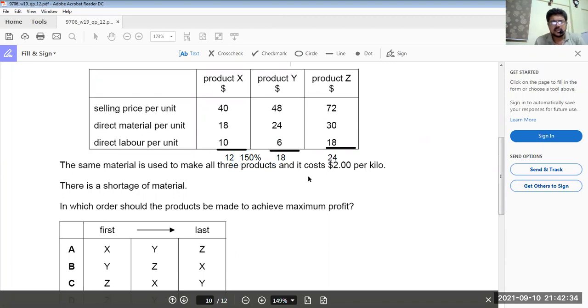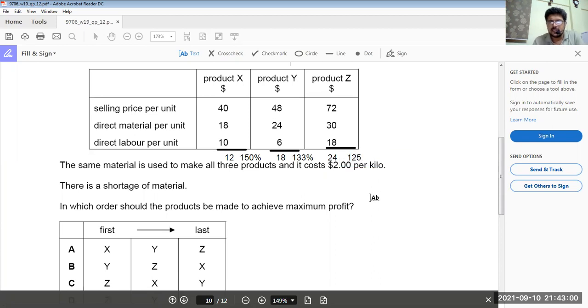If we divide direct material cost of Y, 24, by its contribution 18, the percentage is 133 almost. Now for product Z, 30 divided by 24, 125%.